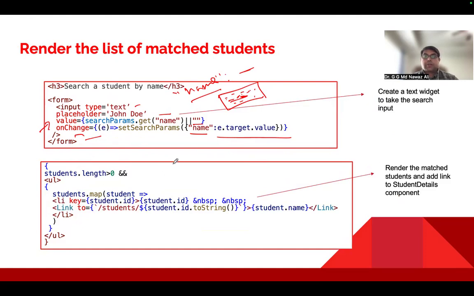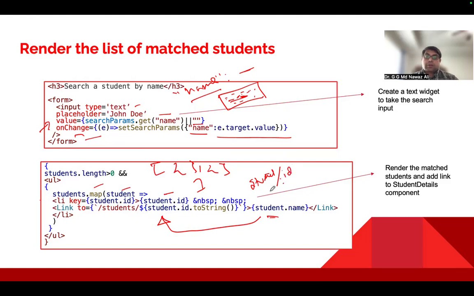Since this is a list of students, and each of the students is an object, we use a map method. Each student, which is an object, we'll just render their ID and name. The other thing is that when you are rendering the ID and name, you also give a link to students and student ID. We created a link in the previous class, which is students and student ID.